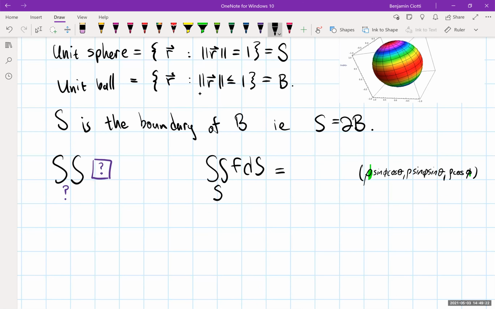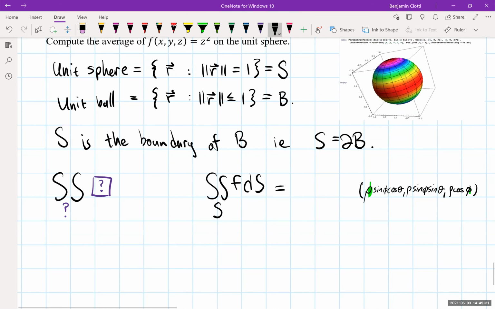But if you're on a sphere, then your distance from the origin is, in this case, 1. Yeah. And there's a bit of redundancy in the notation, because rho is exactly the same as the length of r. In this case, we could drop that out because it's 1, right?